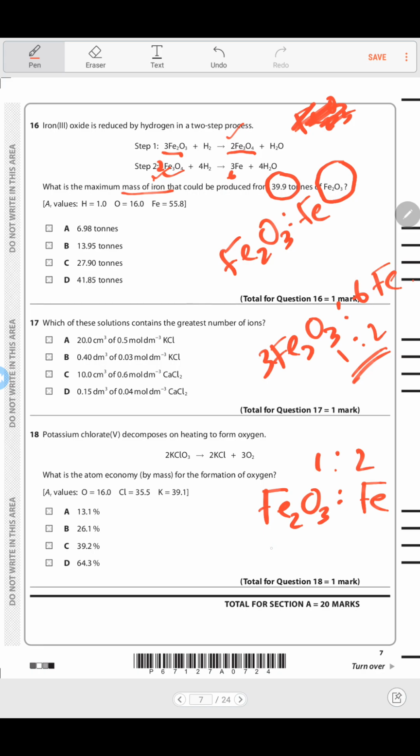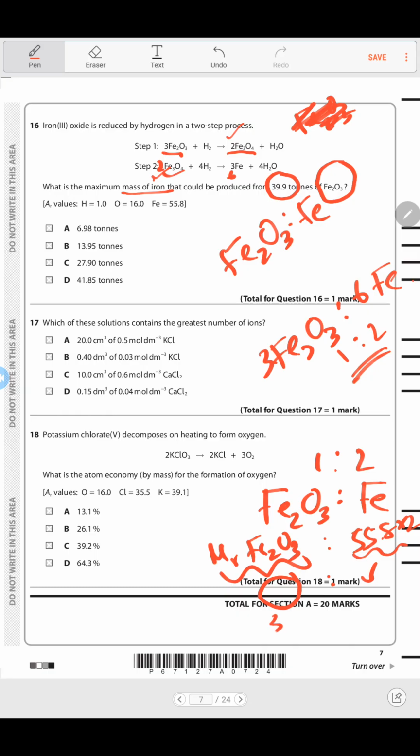You can find the MR of Fe2O3: iron is 55.8 times 2, plus oxygen. You can take that value as tons here. Whatever tons we have, into that you have a ratio now. So once you get the MR of Fe2O3, you put that value here, and what you get for Fe, you put here. This is the tons ratio.